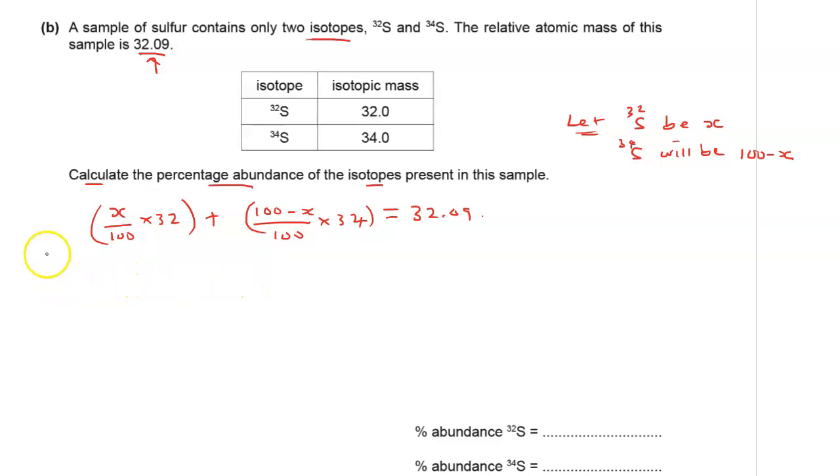Of course, you can multiply by 100 to remove the denominator.